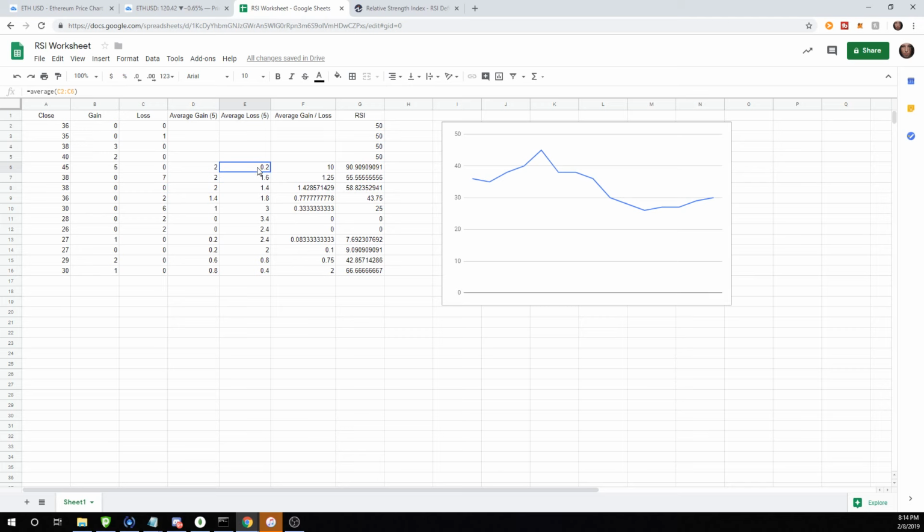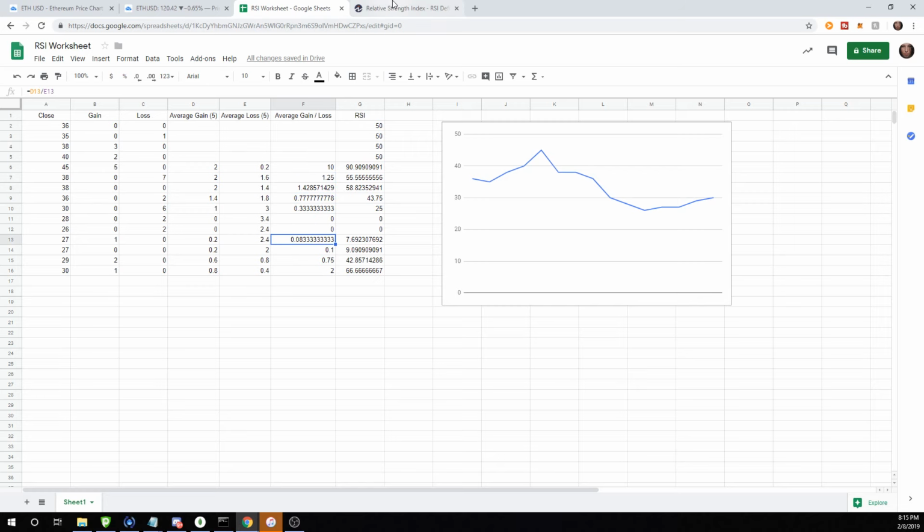If we had more gain than loss in the past 5 periods on average, we end up with a much bigger amplified number, because we're dividing 2 by 0.2 and ending up with 10. On the flip side, if we have a bigger loss than gain in the past 5 averages, we end up with a smaller number. So we end up with this series, and again, this is just dividing these two together. Simple formula. Really easy formula.